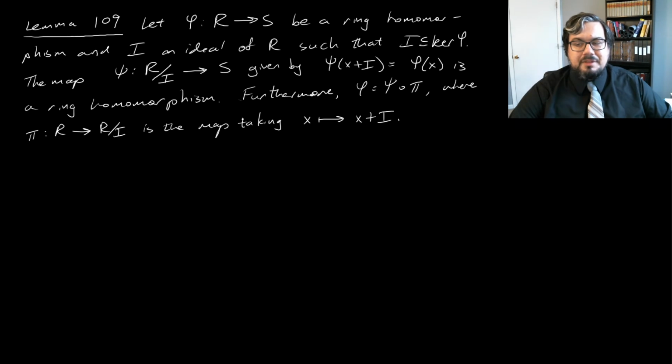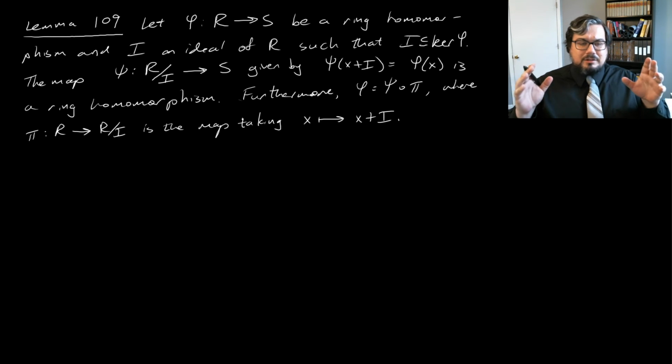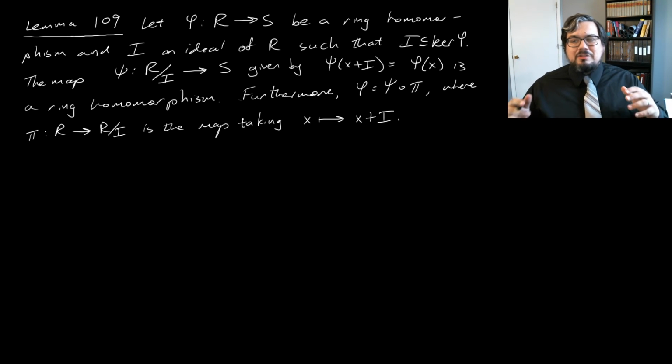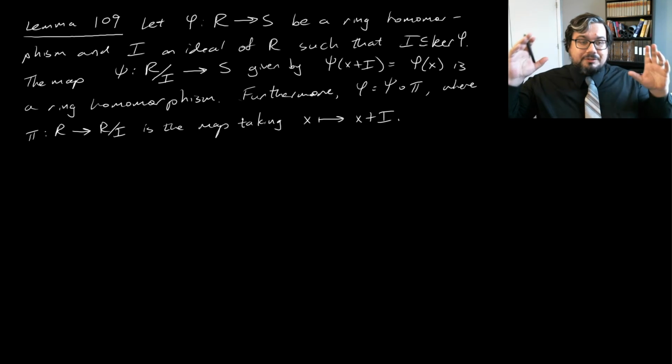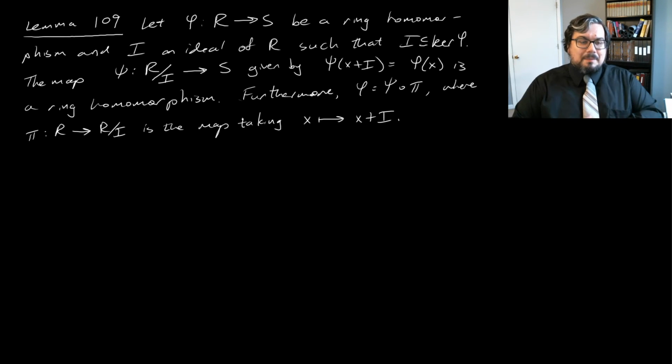Intuitively, remember that constructing the factor ring R mod I is essentially taking the ring R, but turning everything that was in the ideal I into 0. We're going to treat everything that was in I as 0, collapse that down, and the new ring that we get out of that is the factor ring R mod I. Well, the point here is that if we're looking at an ideal that already lay inside the kernel of phi, then they were already going to zero.